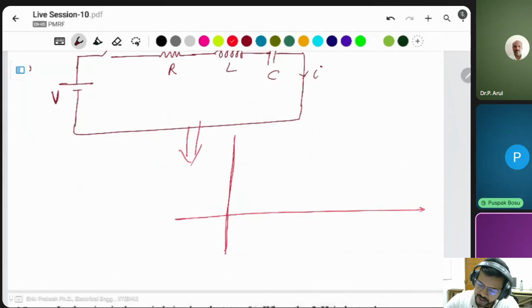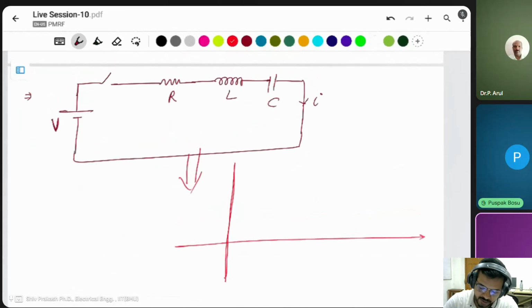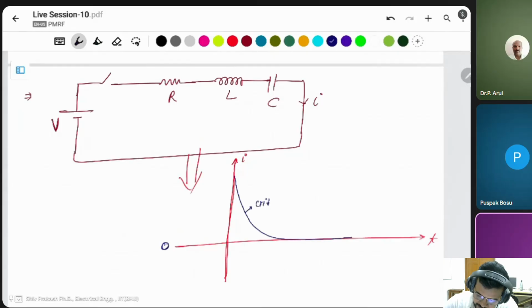The inductor is here, and the capacitor is an open circuit after some time, once it is fully charged, so it behaves like an open circuit in DC. Then the current goes to zero. If the current suddenly goes to zero, this shows the critically damped case.